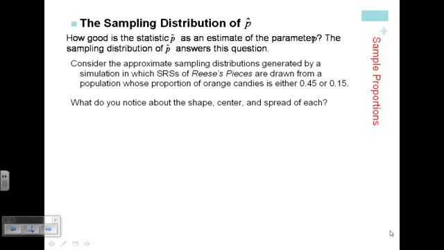So, let's talk about this question. We're looking at a simple random sample of Reese's Pieces, and we're going to look at what proportion of them are orange.